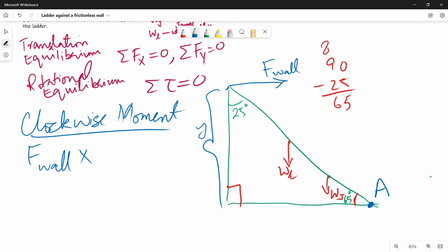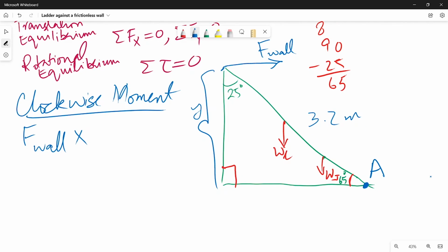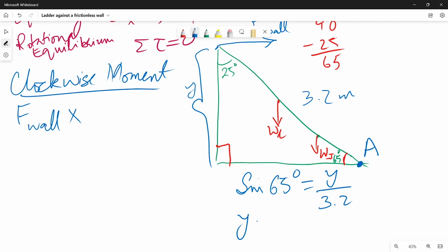It's easy to find because we know the total length of the ladder is 3.2 meters. So sine 65 degrees is y upon 3.2, perpendicular over hypotenuse. So y is equal to sine 65 times 3.2.